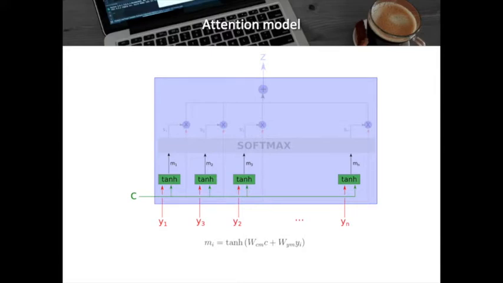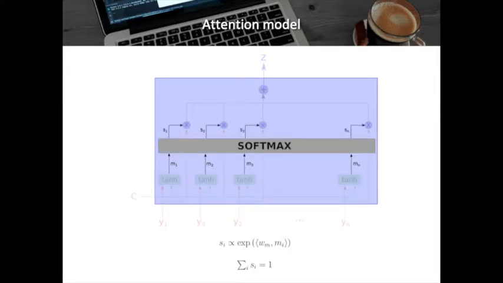After this, we proceed within the model and compute the weights using a softmax function. What is interesting is that the softmax function behaves like an argmax function, but it is differentiable, and we can make use of this.